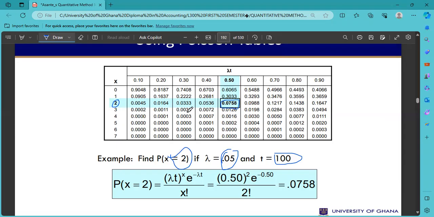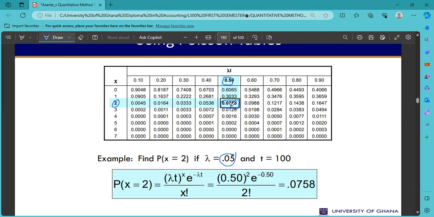I'm sure this is a mistake. I'm sure the t here is supposed to be 10, because when you multiply this 100 by this, you get 5, but they said that it is 0.5. Unless you multiply this one by 10, you don't get 0.5.